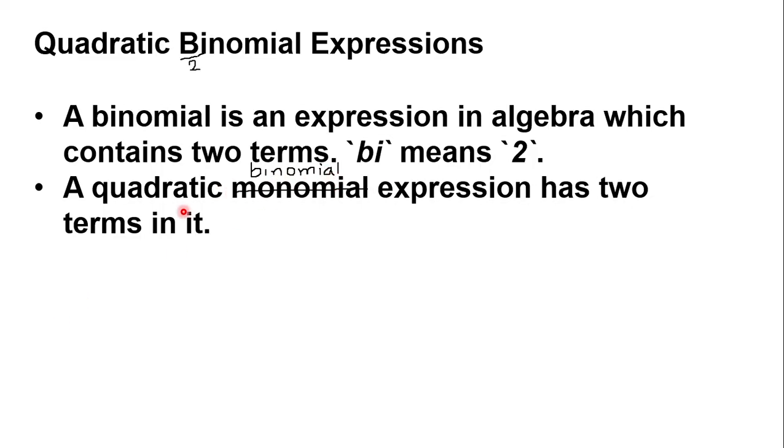Binomial means two terms. So a quadratic binomial expression has two terms in it. These are joined by either plus or minus sign.